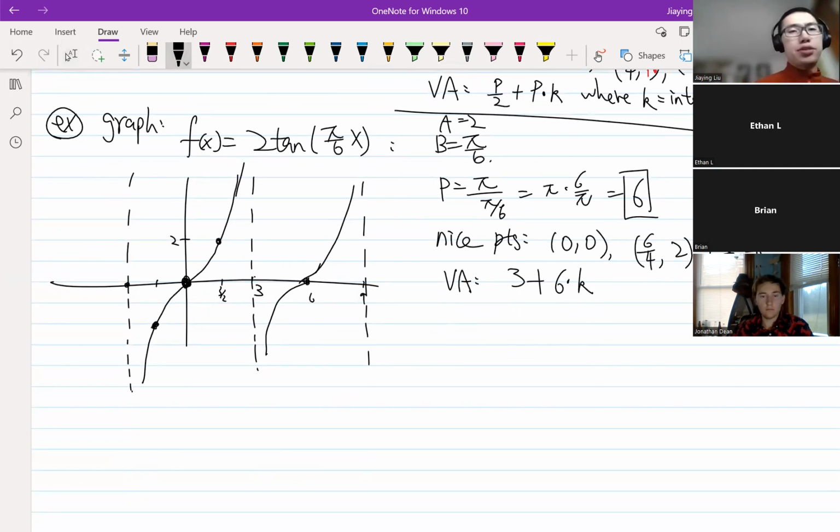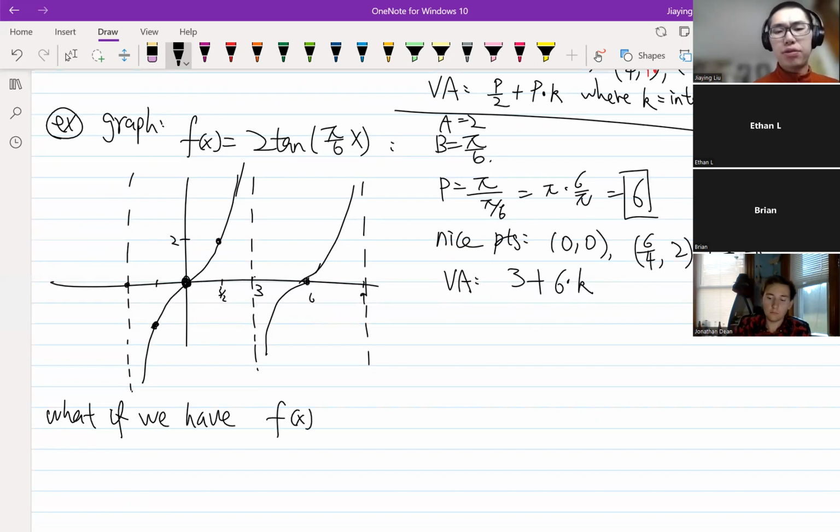Okay, so the question is, what if we have the general formula of tangent with shifts, like a vertical shift and a horizontal shift? Let's see, f of x equals a tangent of bx minus c, plus d. So if we have something like this, kind of like the sine and cosine, what do we do?